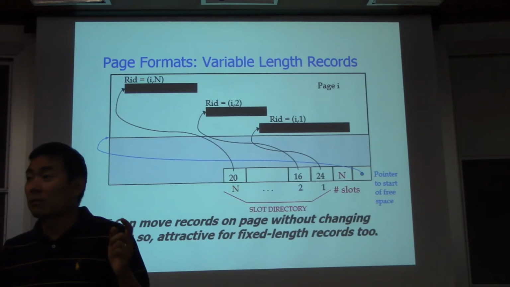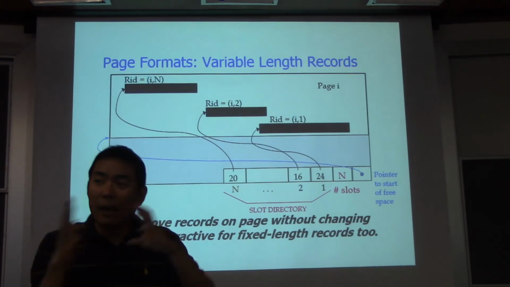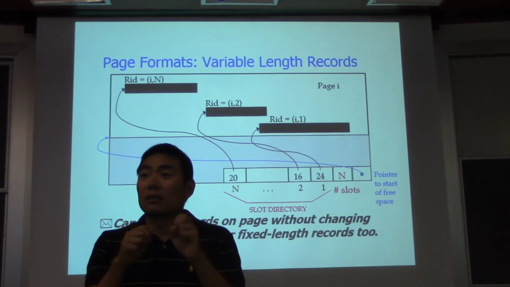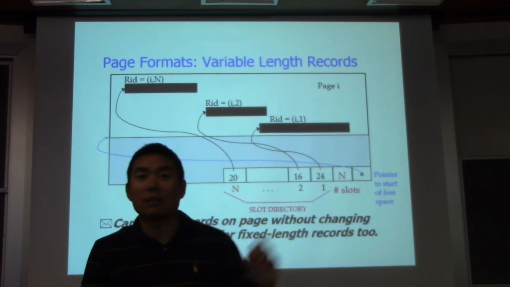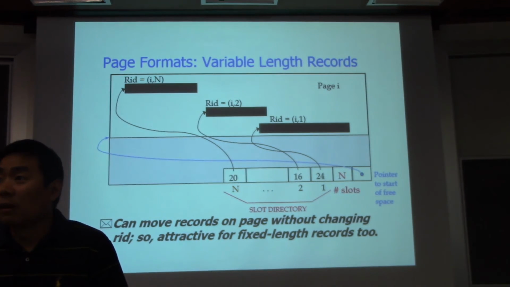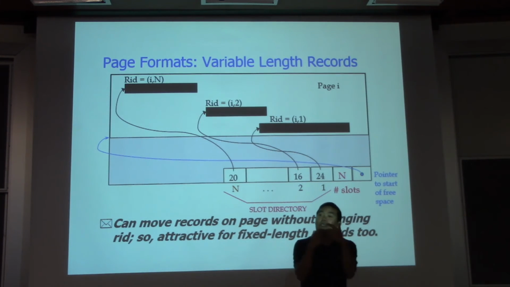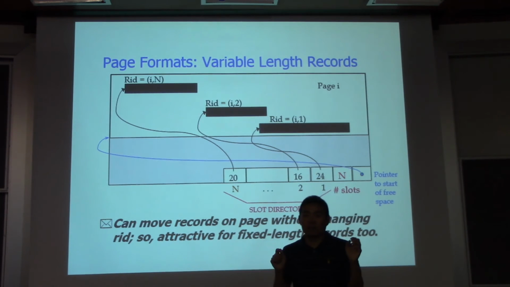That's insertion. Subject to one minor thing that I omitted, because we have to talk about deletion first in order to talk about that one minor subtlety for insertion. But for now, understand insertion like that. Very simple. What about deletion? Deletion is trickier because you may affect other records.